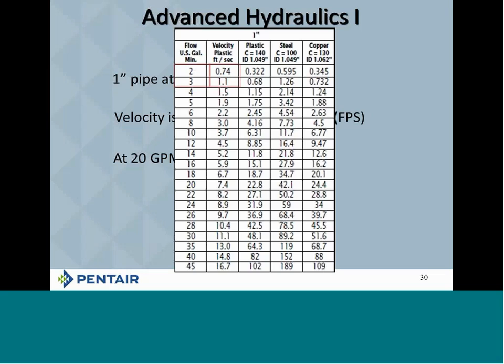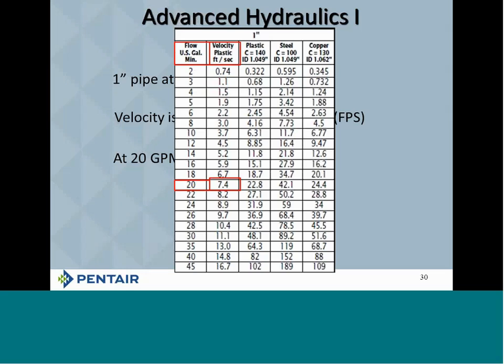And you're going to see at 20 gallons a minute, our velocity comes up to be 7.4. 7.4 at 20 gallons a minute. Okay? So what we're going to do is we're going to go back to our problem here again, and we're going to put that answer in.